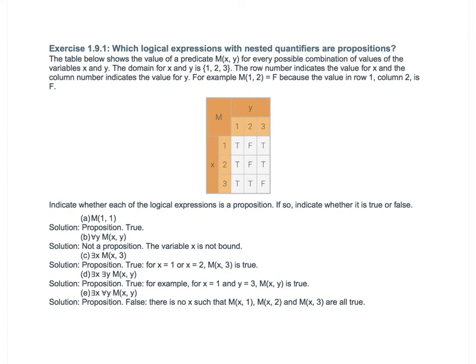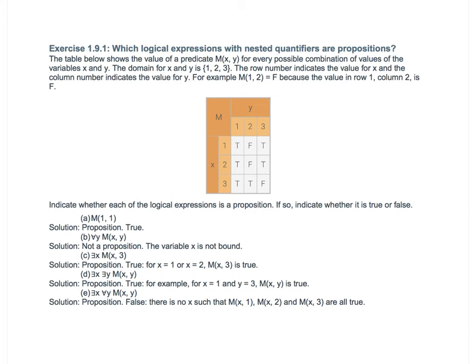Let's first understand the meaning of this statement. It says there exists an x such that for every y in the domain of 1, 2, and 3, M of x and y is true. What does it mean?